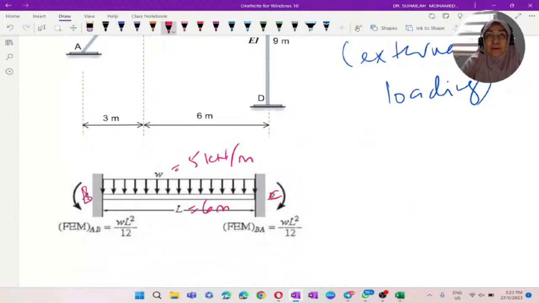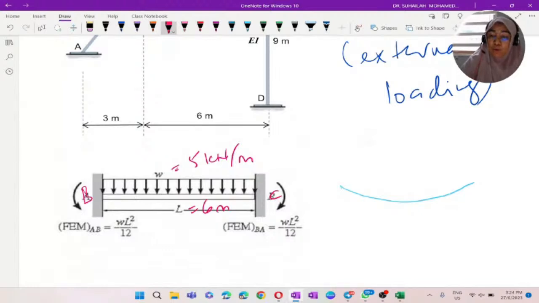Okay, look at the beam. Due to loading, the beam will bend. So fixed end moment acts at the fixed ends B and C to push back the beam to straight position.